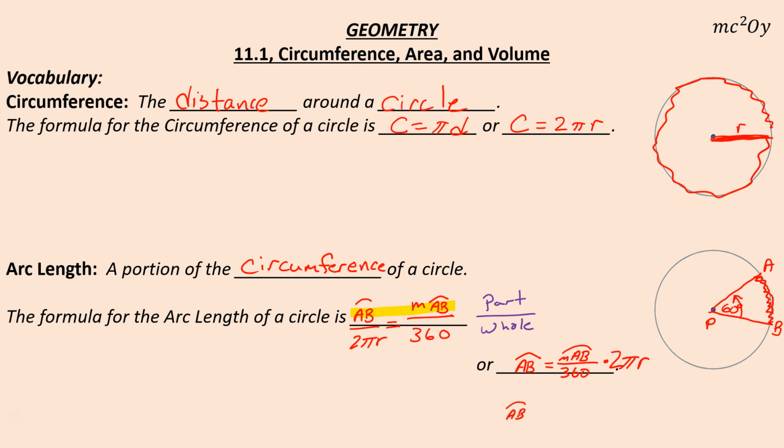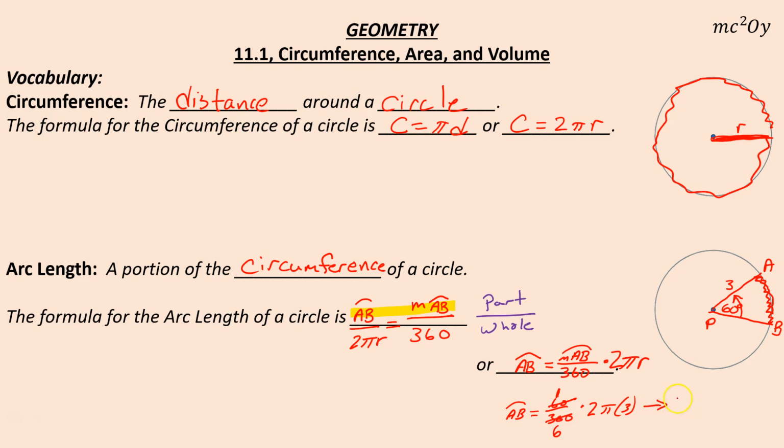So for instance, in this picture right here, I could say, well, the length of AB, if I were to actually work this problem out, the length of AB is equal to 60 over 360. So notice when I do 60 over 360, I'm actually dealing with 1/6 of the circle, if that reduces. So 1/6 of the circumference. Well, the circumference is 2 pi, and let's go ahead and give this a measure. Let's say it's 3. It would be 2 times pi times 3.